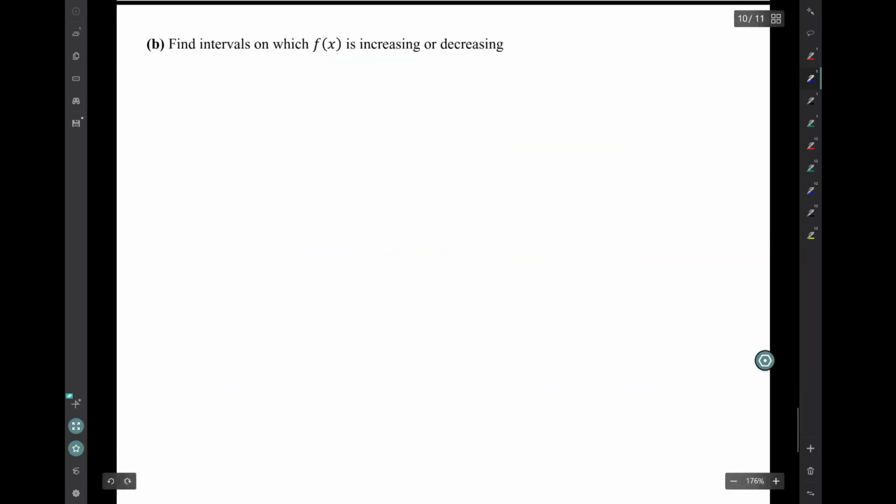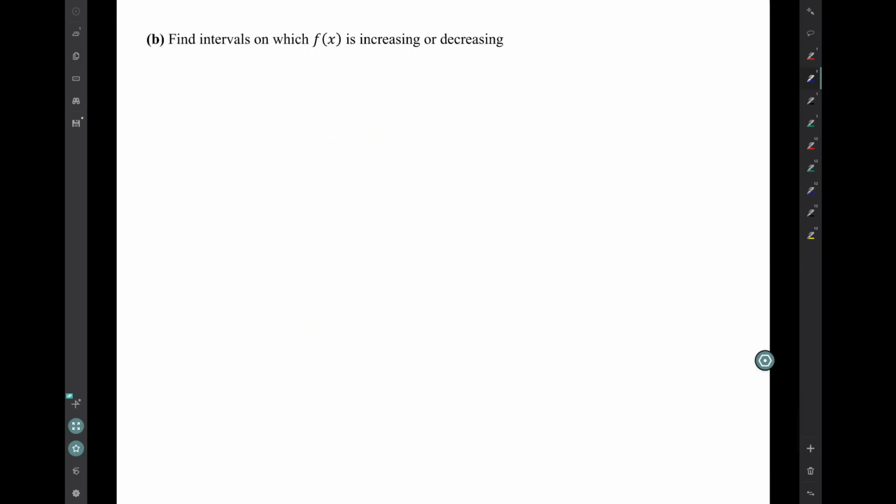Let's go on. Question B, find the intervals on which f of x is increasing or decreasing. So here the strategy will be find f prime of x, make a sign chart for f prime of x, and use that to answer the questions about the increasing, decreasing behavior of f.